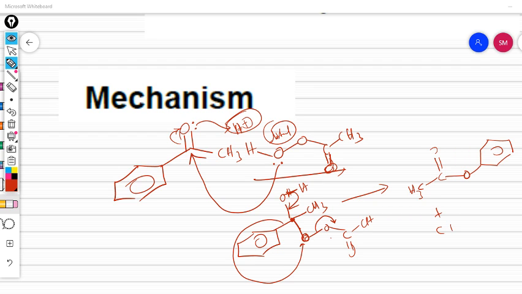The resulting group is the acetate anion, which is easily attacked by the H plus already present in the reagent system. Finally you get the acid.